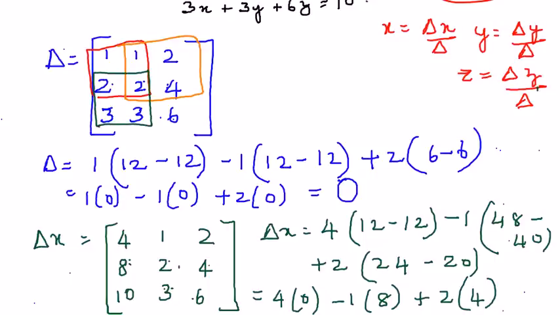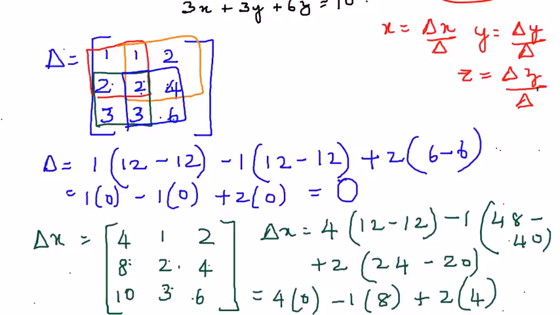If you take the red square, it will be 2 minus 2, 0. If you take the orange square, it will be 4 minus 4, 0. If you take the green square, it will be 6 minus 6. If you take the blue square, it's going to be 12 minus 12. So any minor matrix within del is going to be 0.